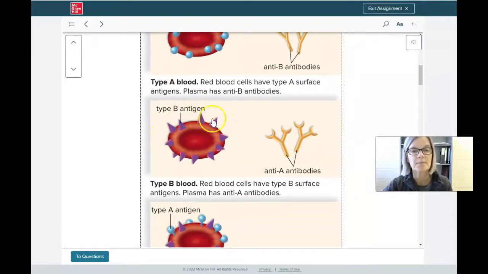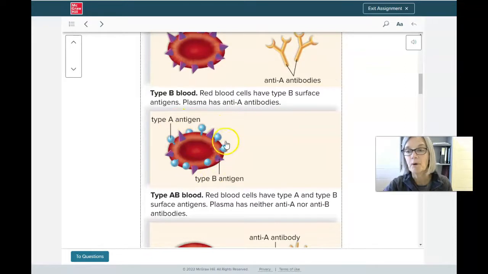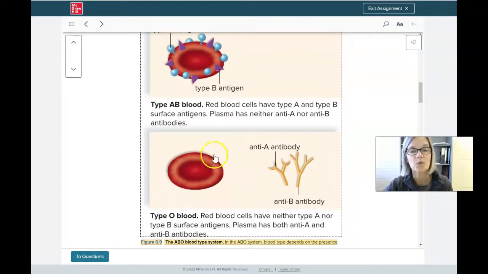The blood with type B antigens, we call type B blood. The ones that have both A and B antigens, we call type AB blood. And the one with neither A nor B, we call type O. O kind of meaning like zero, none.